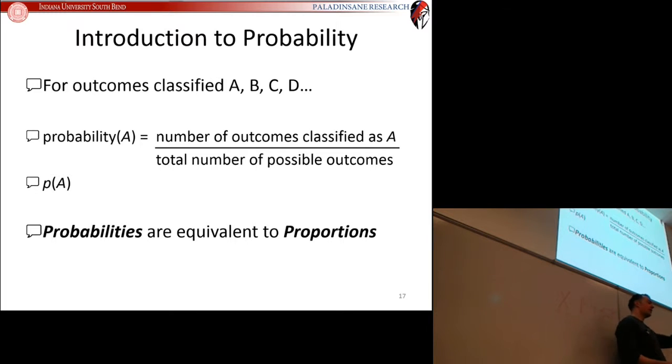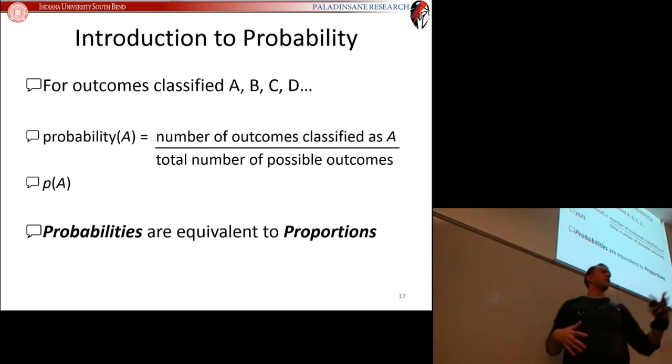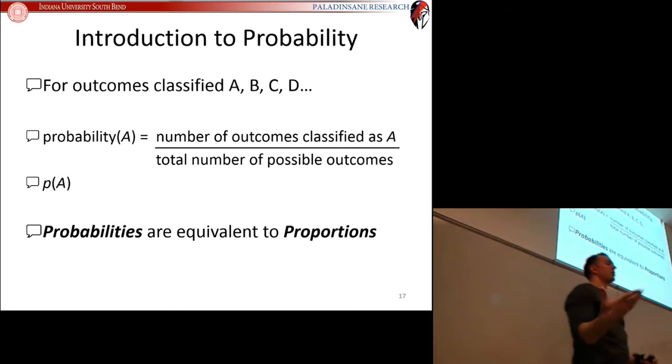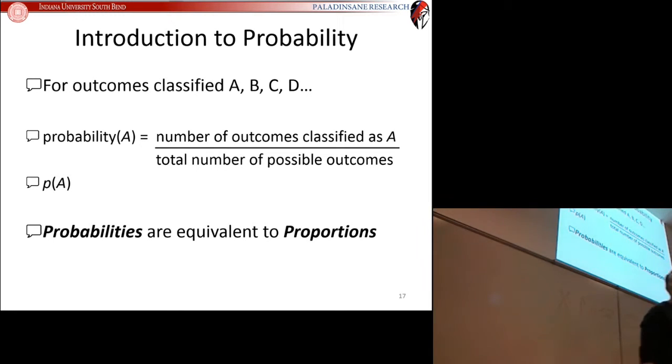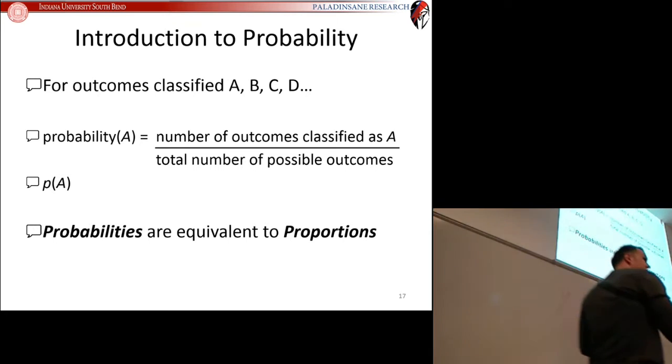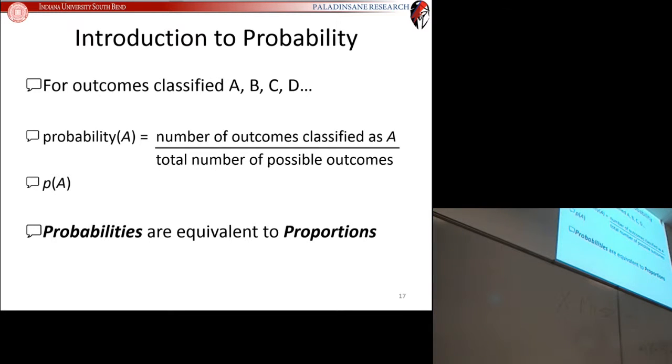All of those are classified as passing your course. And then it is divided by the total number of possible outcomes. So that's just to make explicit some of the terminology that you might come across when you're reading your textbook. Importantly, however, once again, probabilities are equivalent to proportions, proportions of pieces of a frequency distribution.